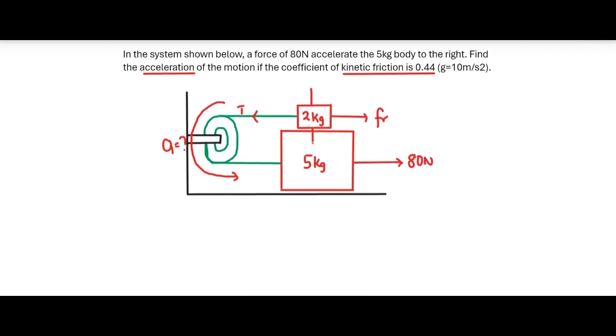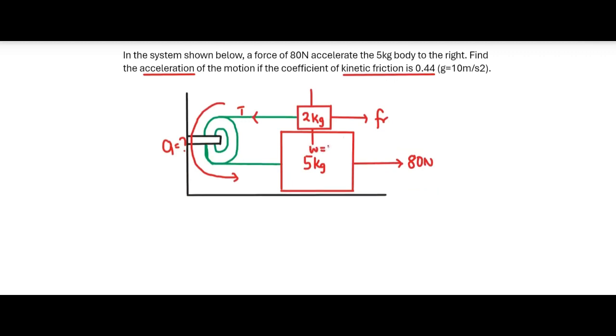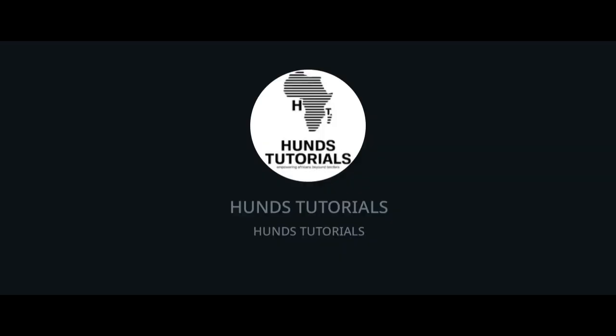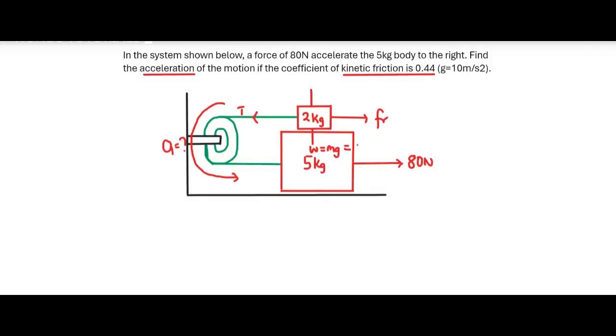So I have the weight would be equals to 2 times G, right? In other words, it's equals to your mg. So your m here is 2. So I have 2 times 10, since your acceleration due to gravity is given as 10 meters per second square.